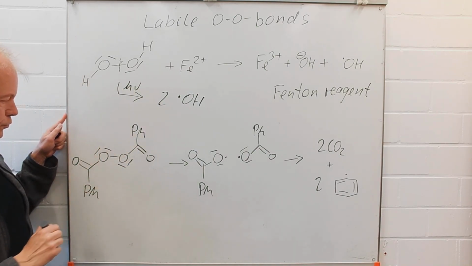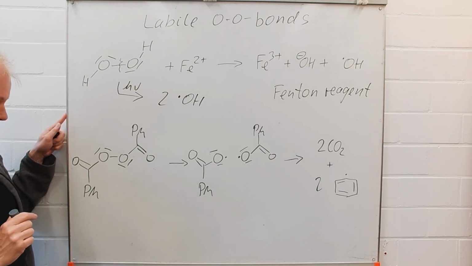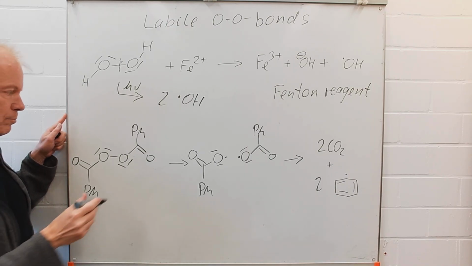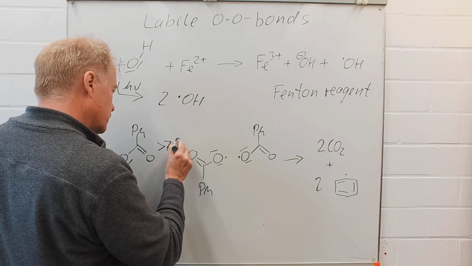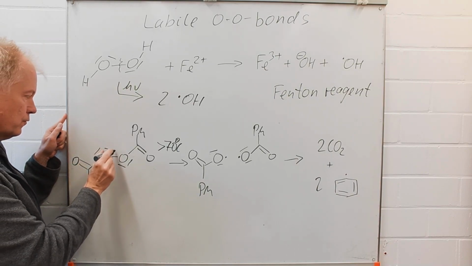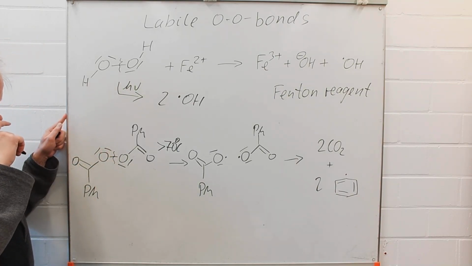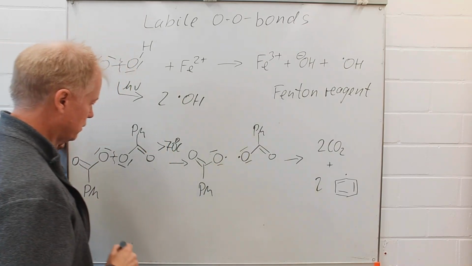For this molecule, dibenzoyl peroxide, also heating up to above 70 degrees is sufficient for achieving the fragmentation in two benzoyl radicals.